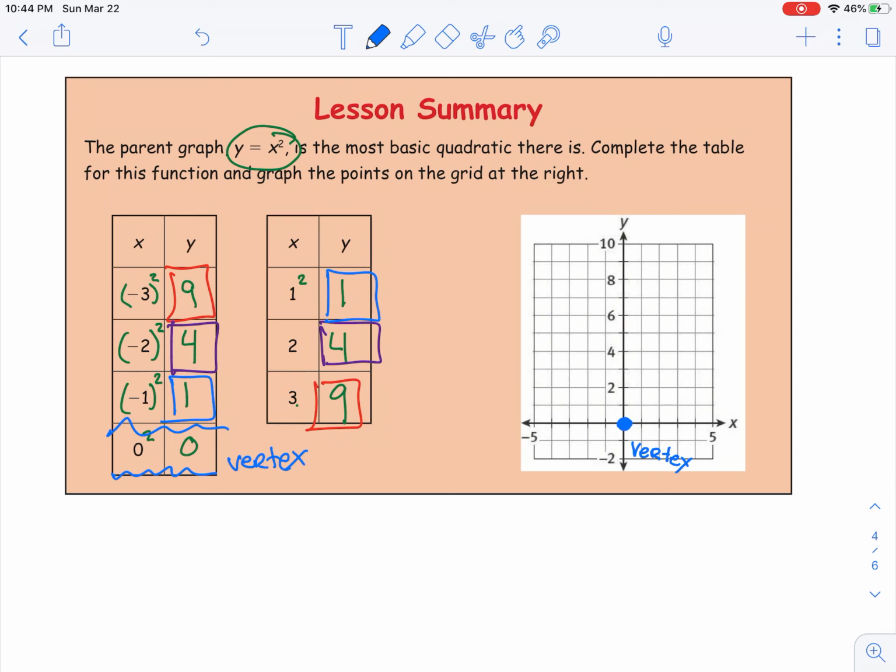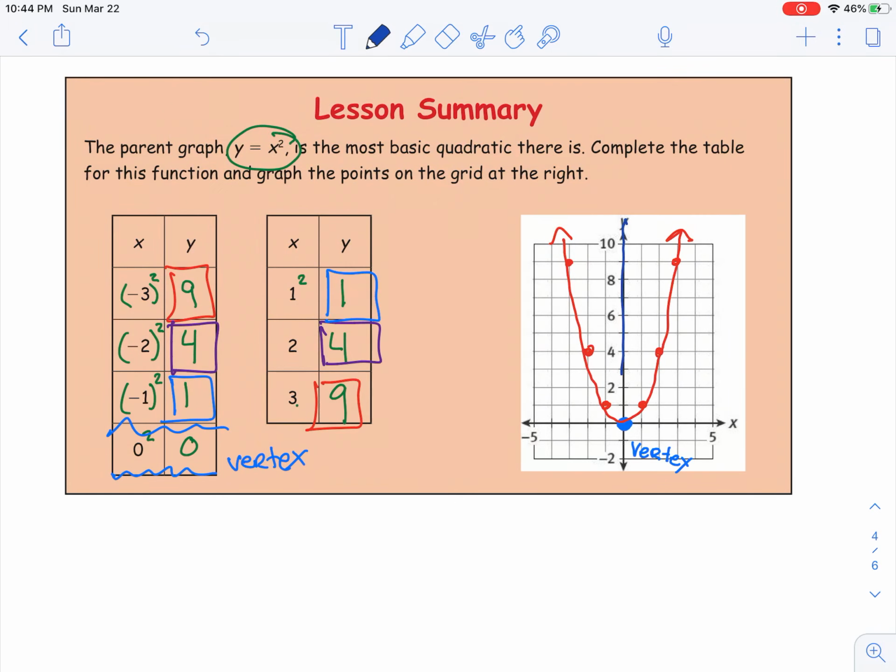It's called a vertex. This makes a U shape at 1, 1, at 2, 4, at 3, 9, and it mirrors all the way across.